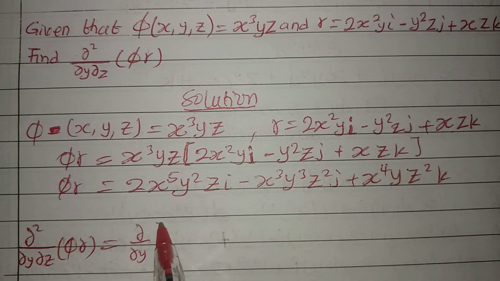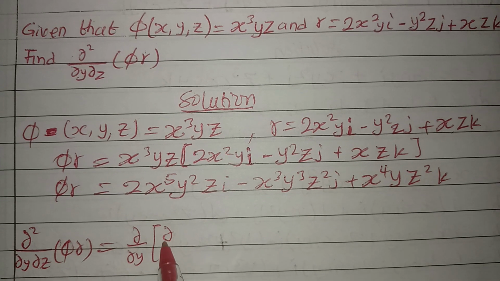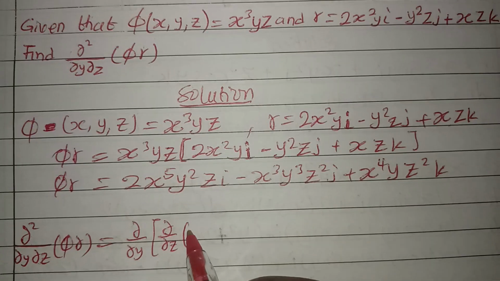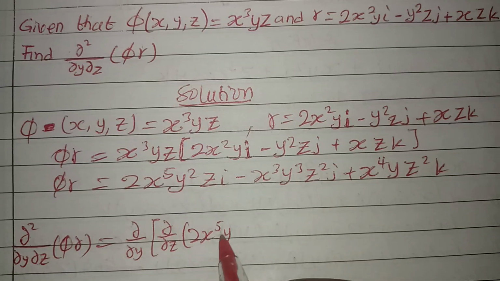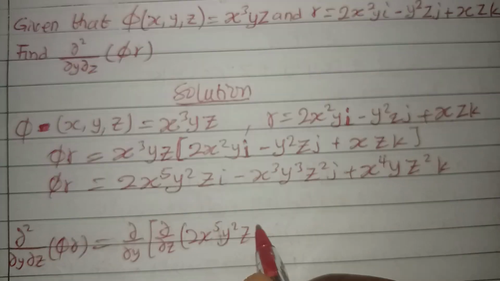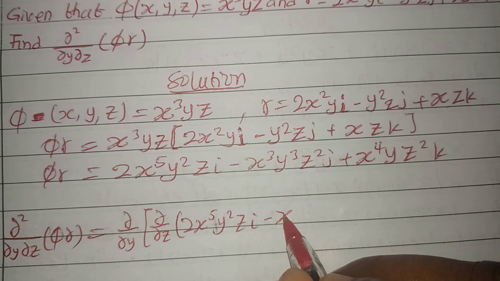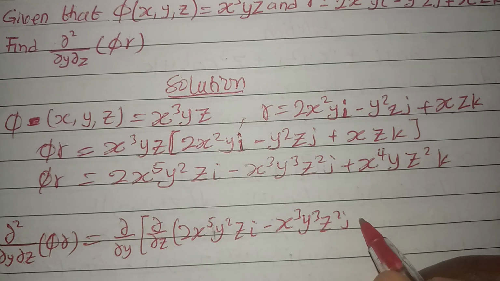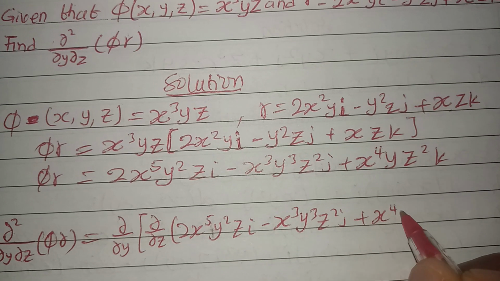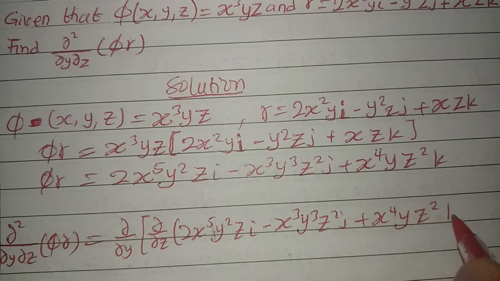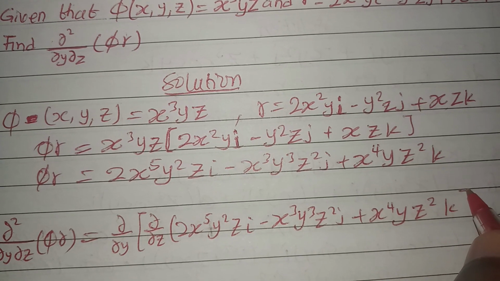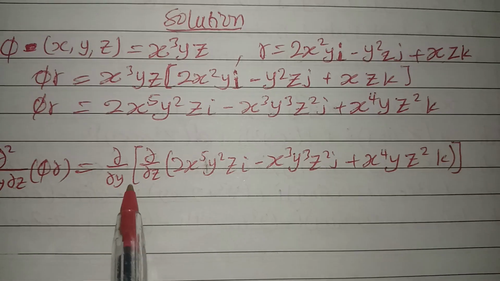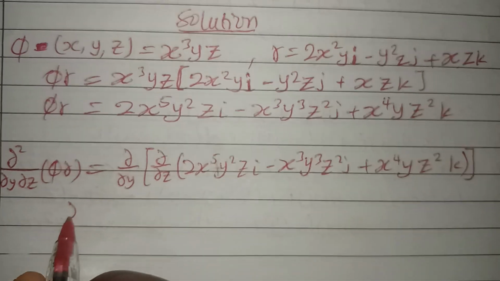So that will be ∂/∂y in parentheses, ∂/∂z, of everything here: 2x exponent 5 y exponent 2 z i minus x cubed y cubed z squared j plus x exponent 4 y z exponent 2 k. So we are finding the partial derivative of this with respect to z.